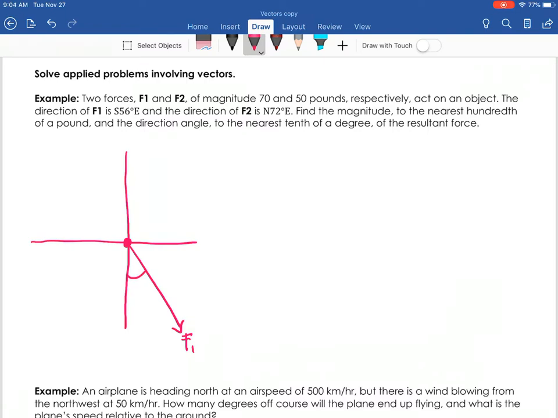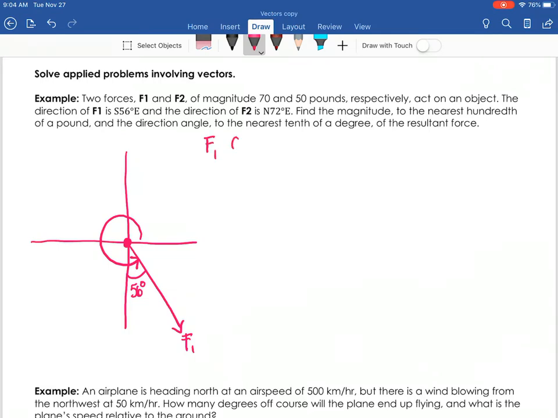And this is 56 degrees. However, remember, your angle or your direction for your vector always needs to start at the positive x-axis. So when I find my component form, and I find my a and my b, I don't want to use 56 degrees. I want to use this angle.